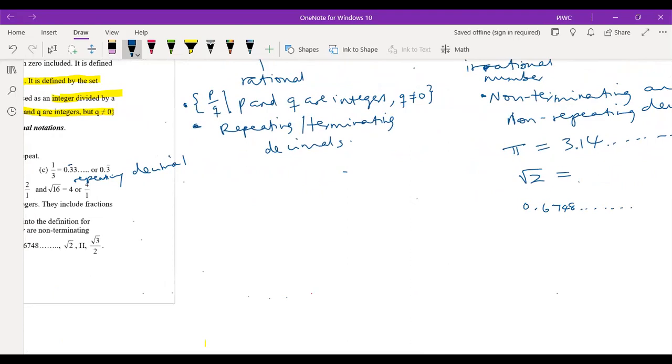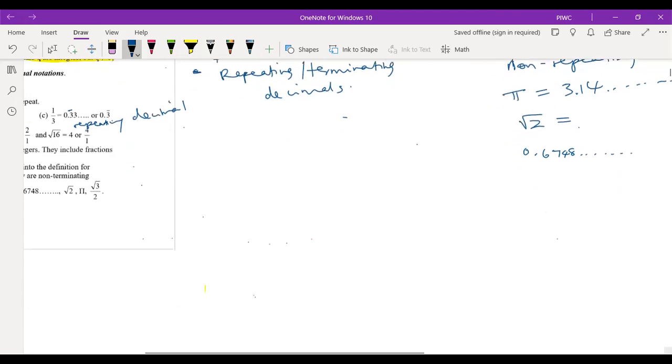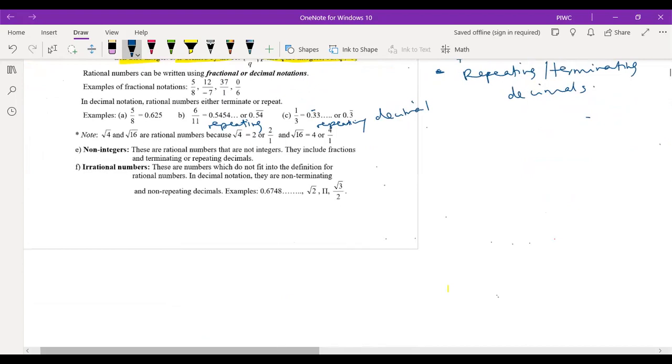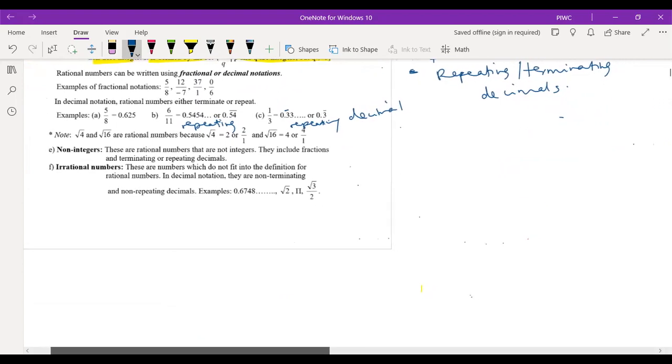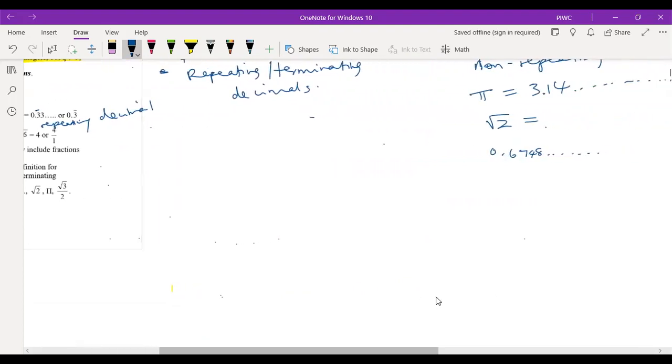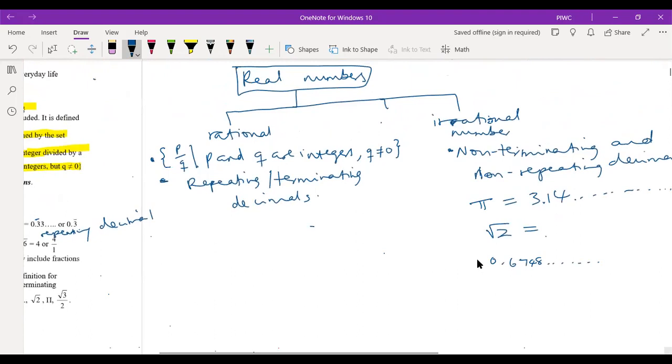Because of that, it's an irrational number, and so on. All right. So those are two broad groups of real numbers.